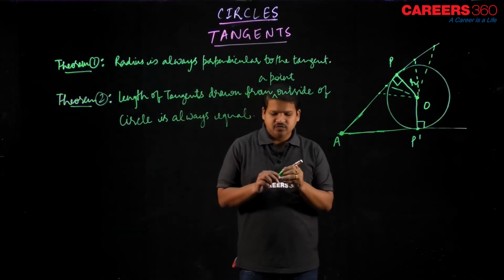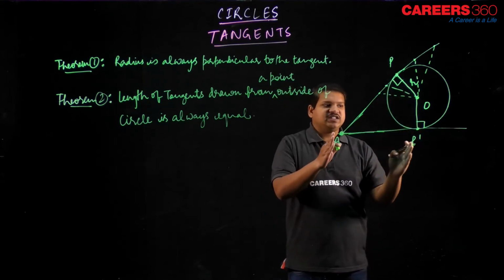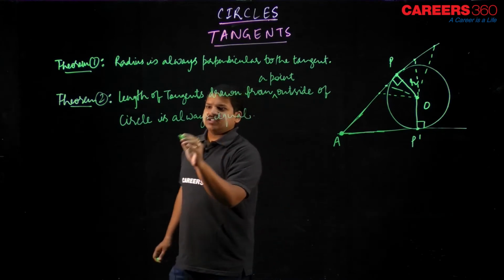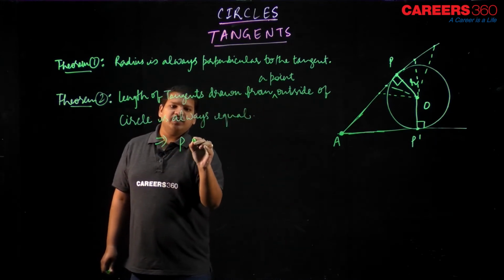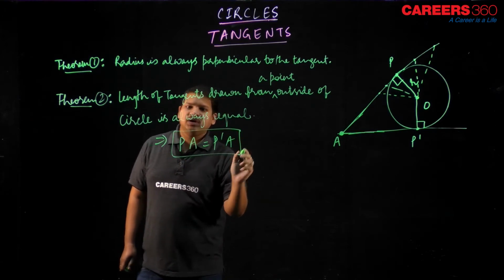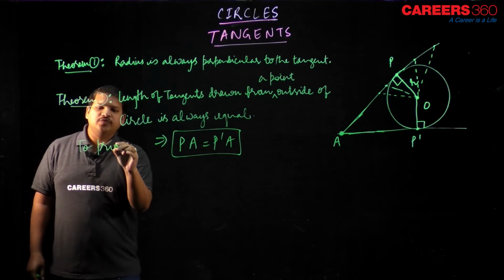That is what it wants to say, that the length of the tangent, see PA is a tangent and P prime A is also a tangent. So as per this, PA is equal to P prime A. This is what we have to prove, right?